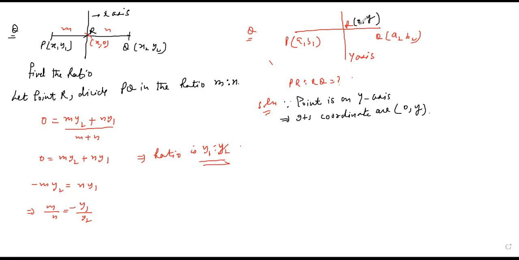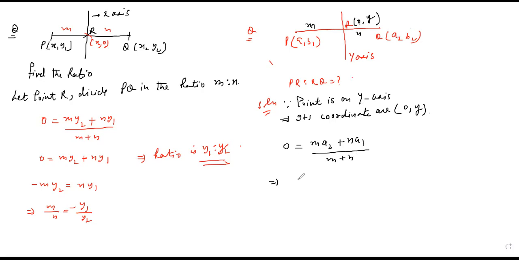Because the x coordinate is 0, I will concentrate on x. 0 is equal to, if the ratio is m is to n, then (m times the x coordinate a2 plus n times the x coordinate a1) upon (m plus n).